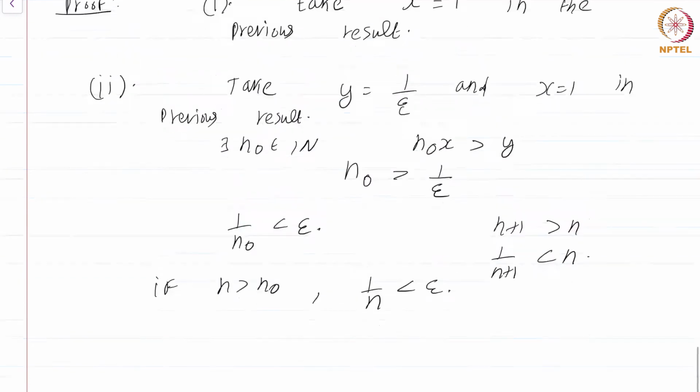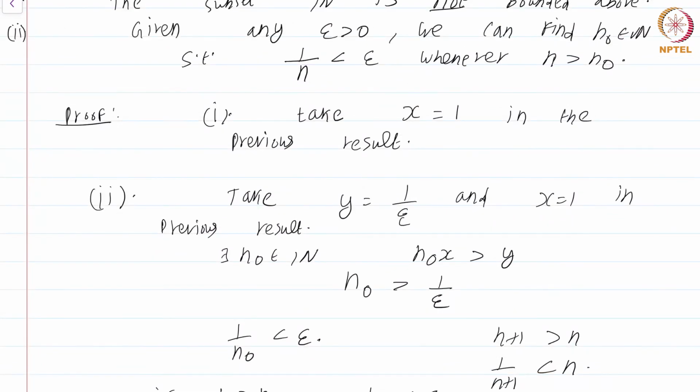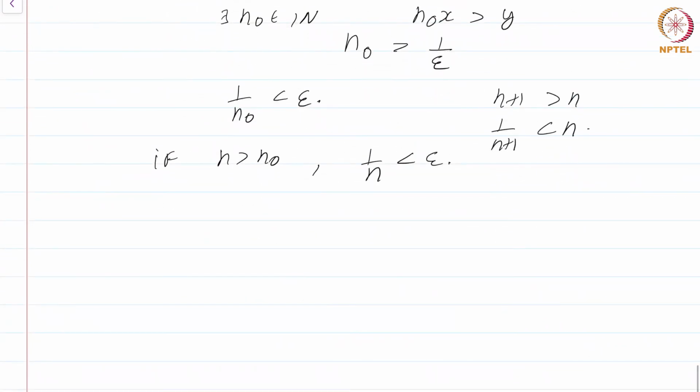So from the Archimedean property, we have concluded that the natural numbers are not bounded above, and the fact that 1 by n can be made as small as we desire. This epsilon plays the role of smallness. Note one more thing, that only the Archimedean property was used in this corollary.